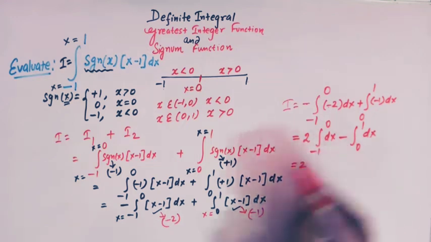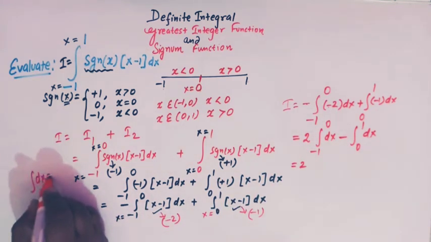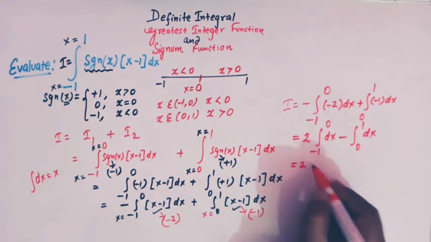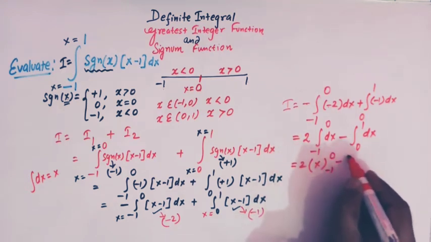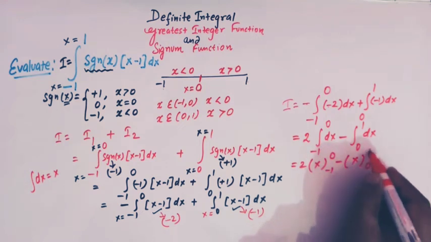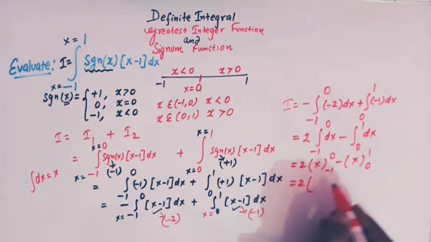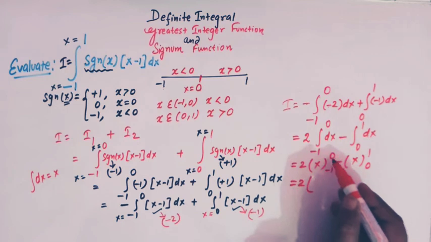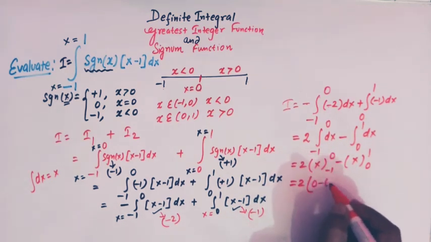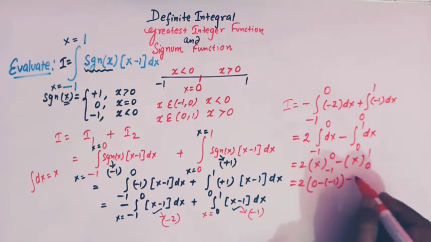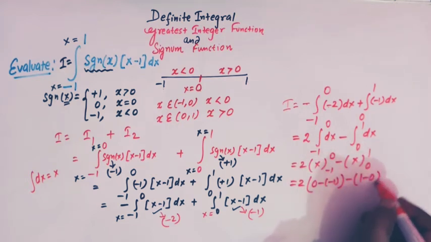Now the integral of dx is x, so we have 2, and here we have x from minus 1 to 0, and here we have x from 0 to 1, and now we can simply substitute the limits and take the difference. So we have 0 minus minus 1, and here we have 1 minus 0, right?